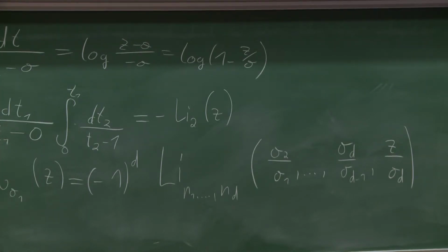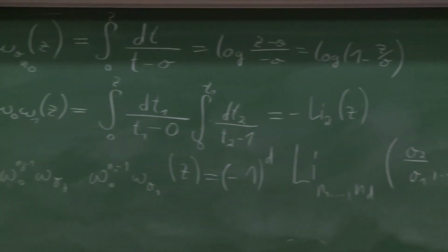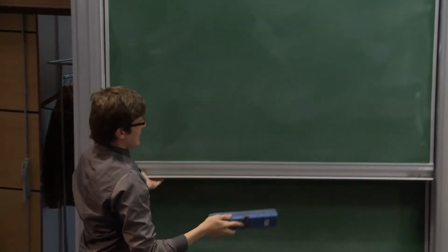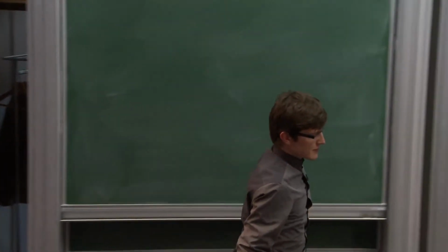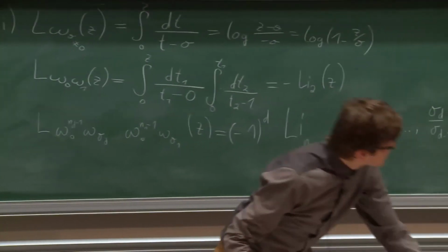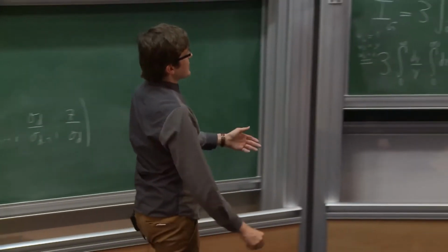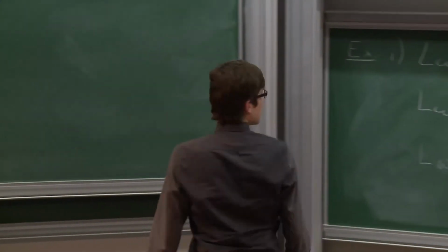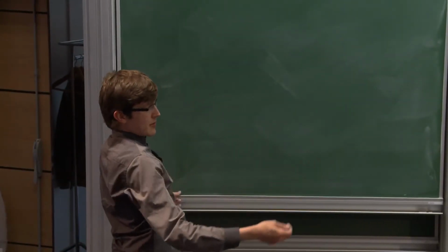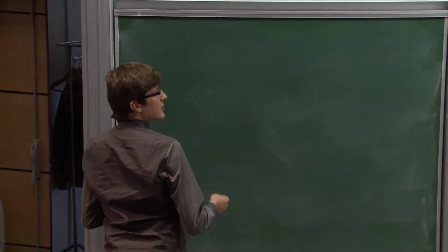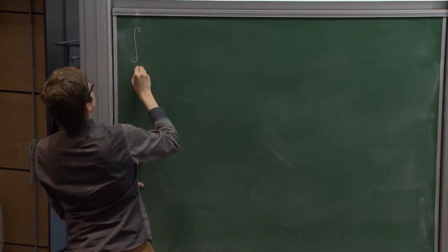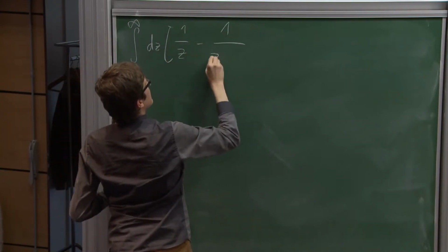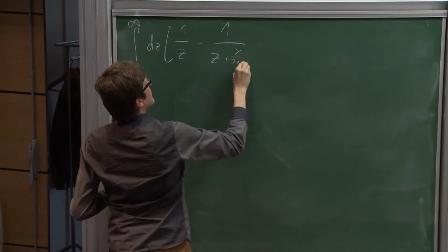Of course, the benefit of writing them in this way is that it is trivial to integrate in this representation, because we just define them as iterated integrals. So if we continue our example over there, let's rewrite this logarithm as an iterated integral in this form. We just have to look at the arguments of the logarithm. So this integral from 0 to infinity dz of 1 over z minus 1 over z plus y over 1 plus y.